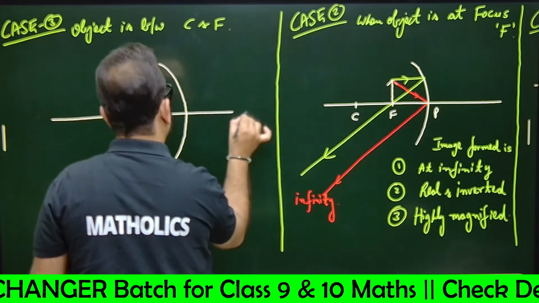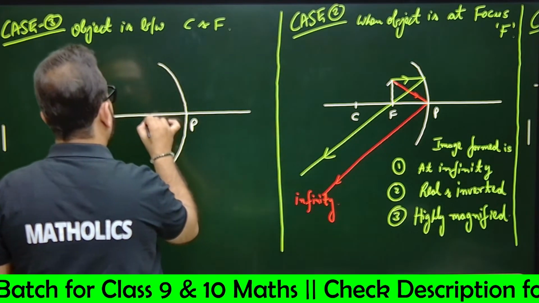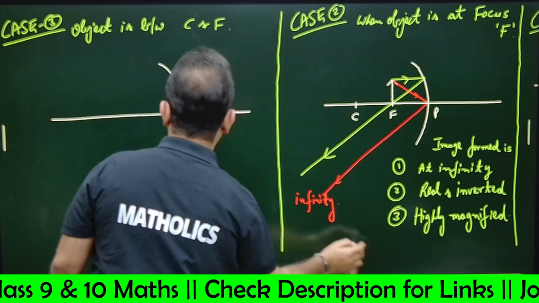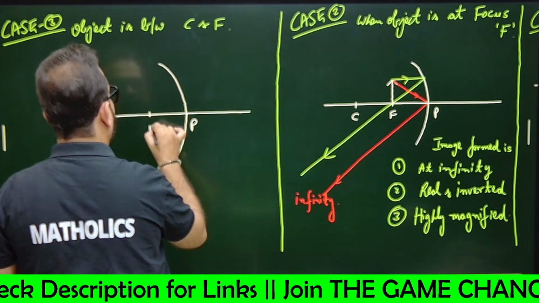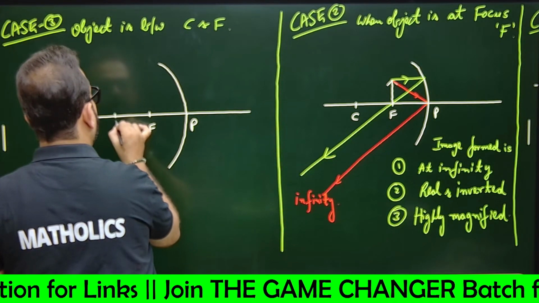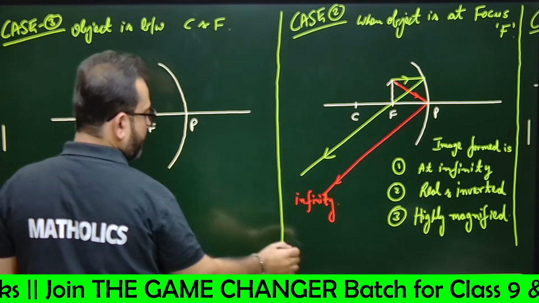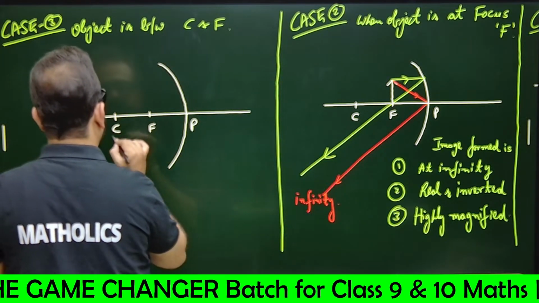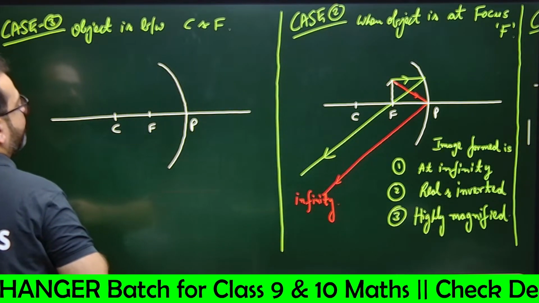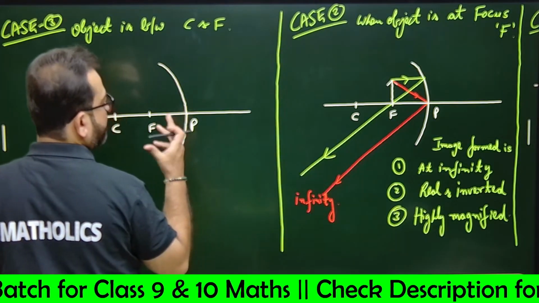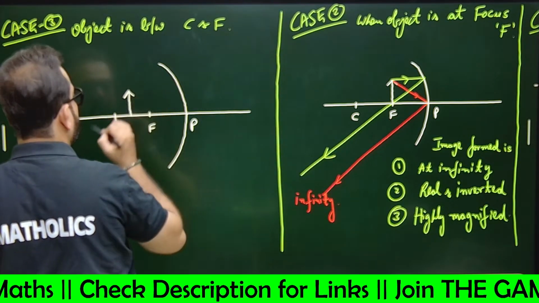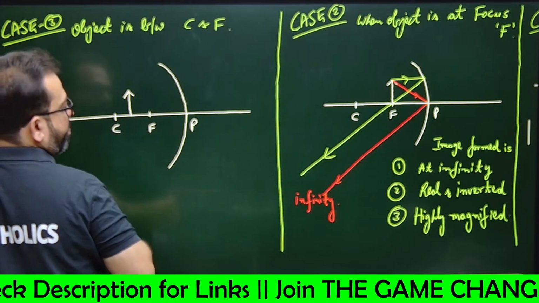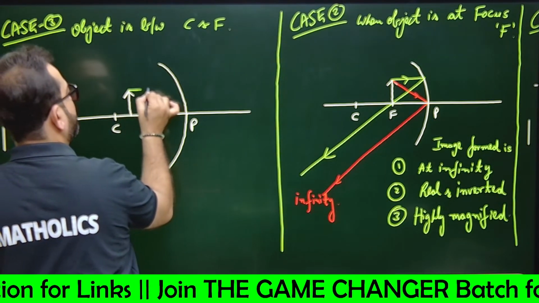Okay. This is pole. This is focus. And this is center of curvature C. So whenever we'll place the object, we have to place here, between F and C. Now see, the ray of light will go like this, parallel.